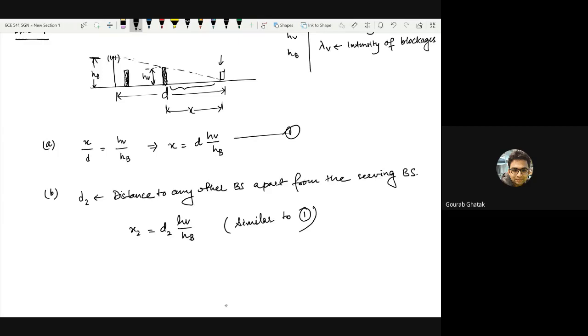But since d2 is greater than d, this implies x2 is greater than x. That means we have a contradiction: if in x2 there is no blockage, in x there will be no blockage because x2 is greater than x, which contradicts our first assumption that the serving base station is blocked. So this is again fairly straightforward. In case you have proven it with some other kind of argument, that's fine, it's not a big deal.